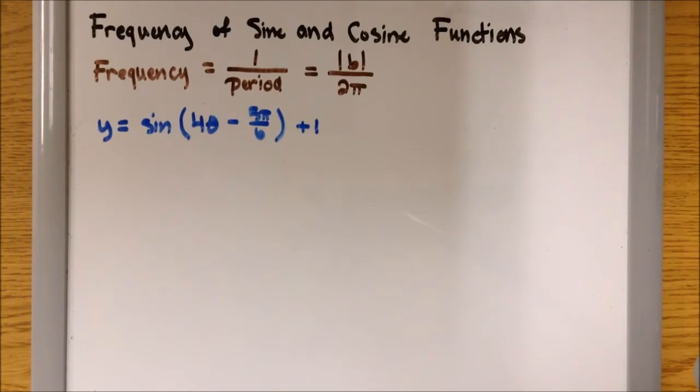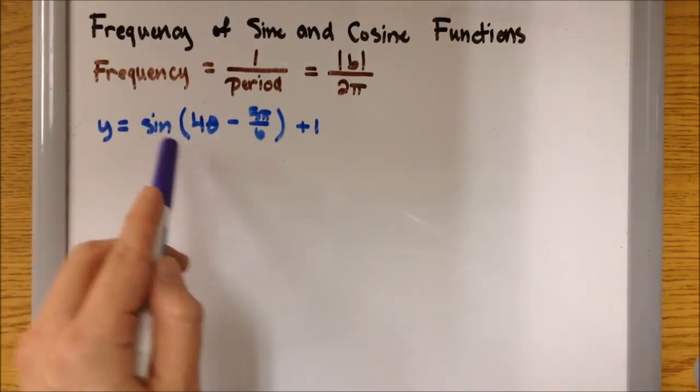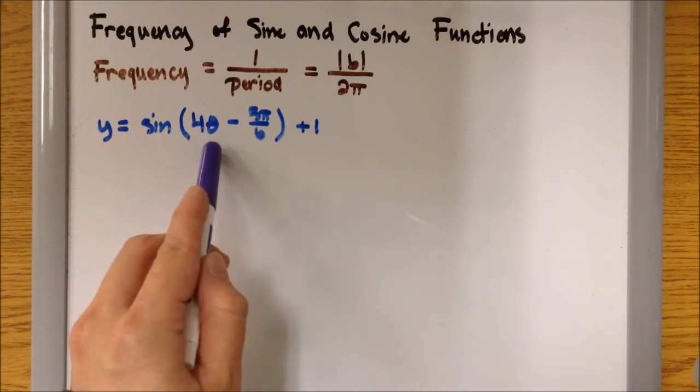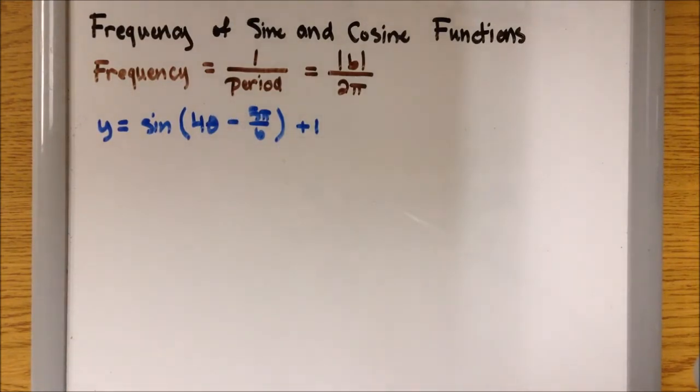Alright, second example, we have y equals sine of 4 theta minus 5 pi over 6 plus 1.